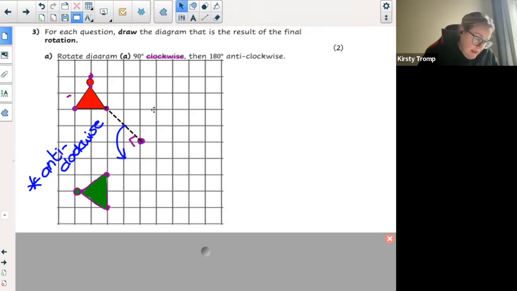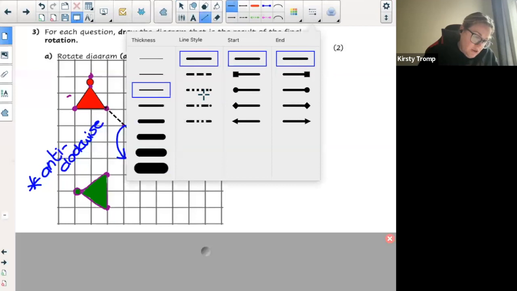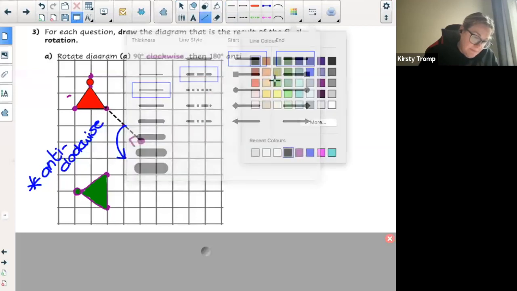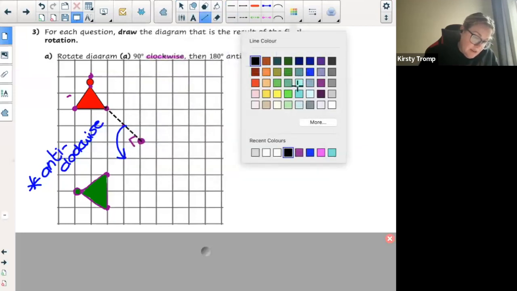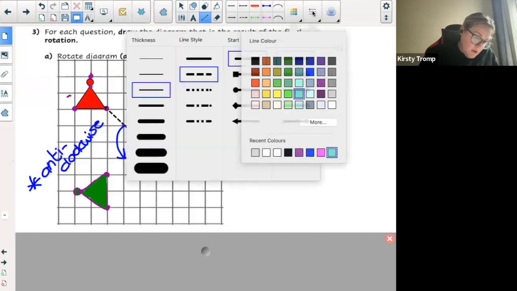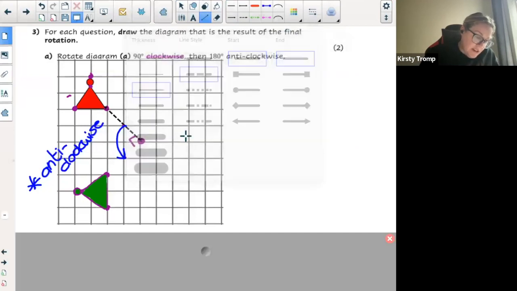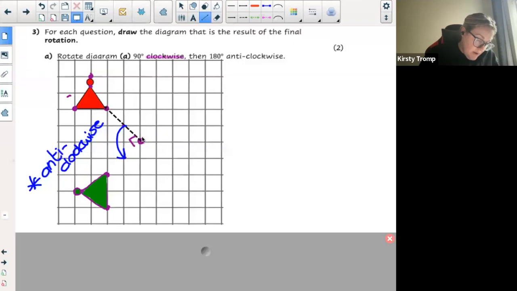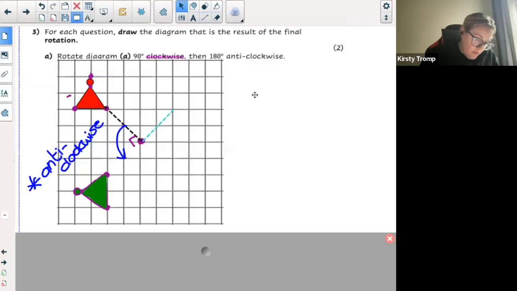I'm going to draw a new line on here, a dotted line again, in a new color. I could take my protractor out at this point, but for now I'm just going to freehand it because it is a little more helpful for us. And that takes us to that point over there.